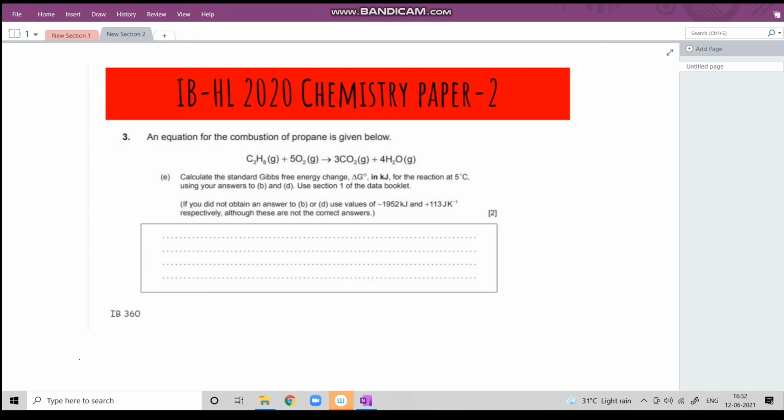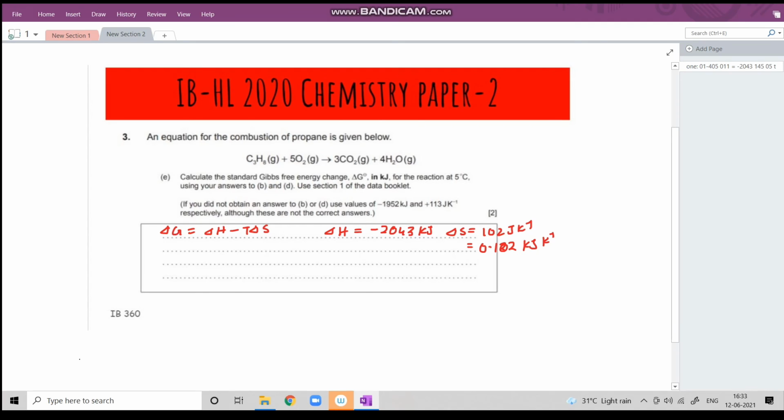Now coming to the last question, here we need to calculate the delta G. We know that delta G is basically delta H minus T delta S. Delta H has already been calculated in part B as minus 2043 kilojoules, and delta S in part C has been calculated as 102 joule per Kelvin. We convert delta S to kilojoules because that will help us.